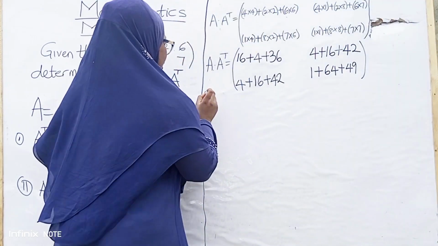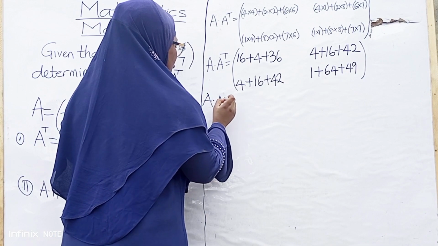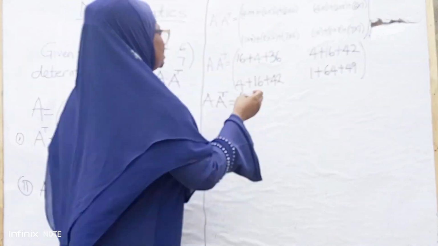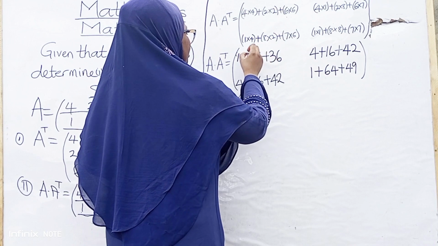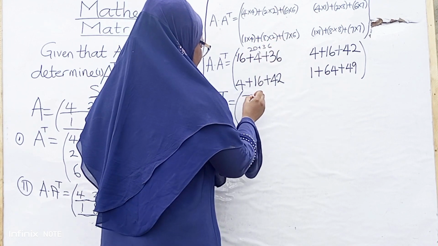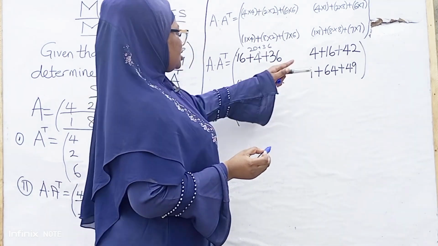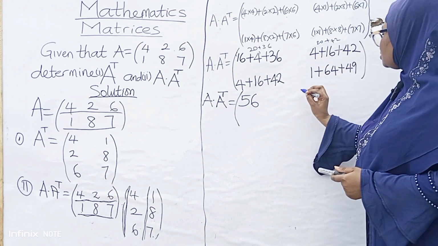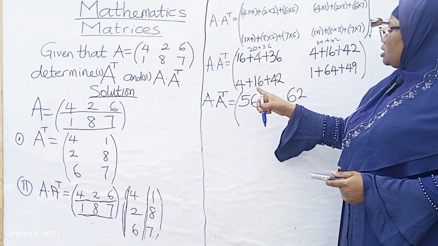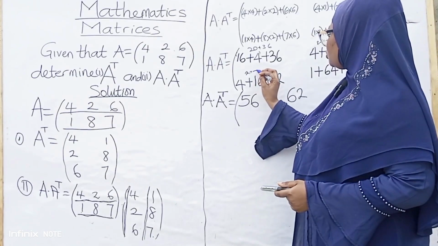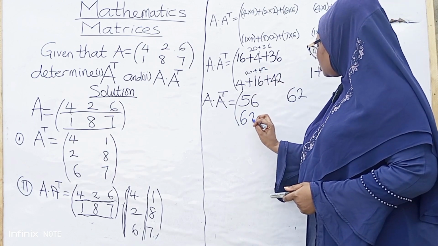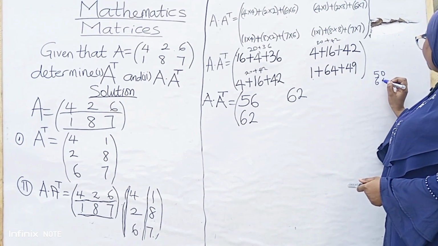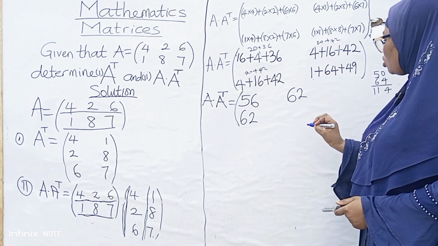So our A multiplied by A transpose is equal to: 16 plus 4 is 20, 20 plus 36 is 56. 4 plus 16 is 20, 20 plus 42 is 62. 4 plus 16 is 20, 20 plus 42 is 62. 1 plus 49 is 50, 50 plus 64 is 114.